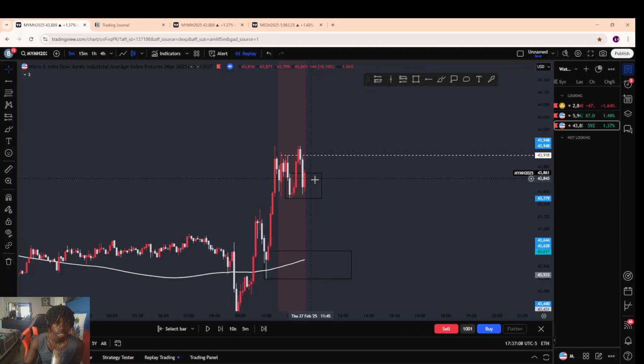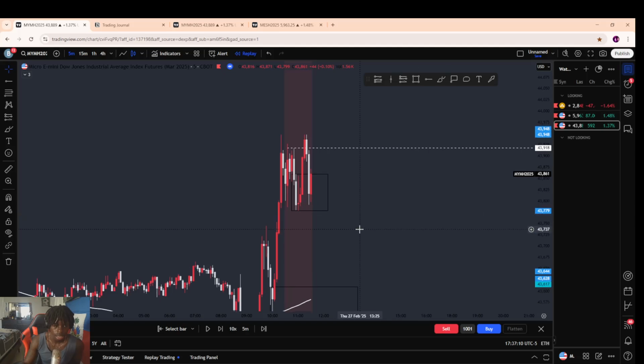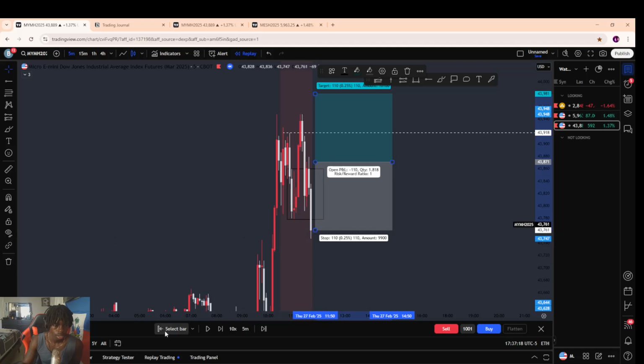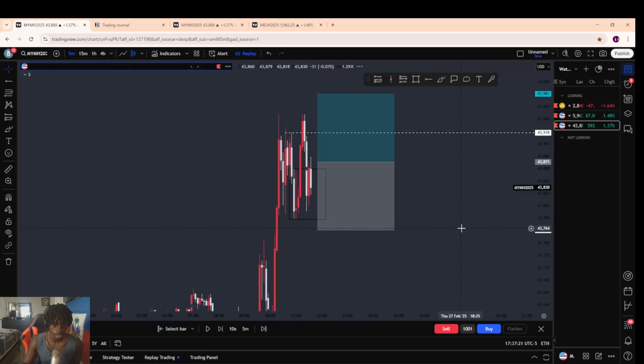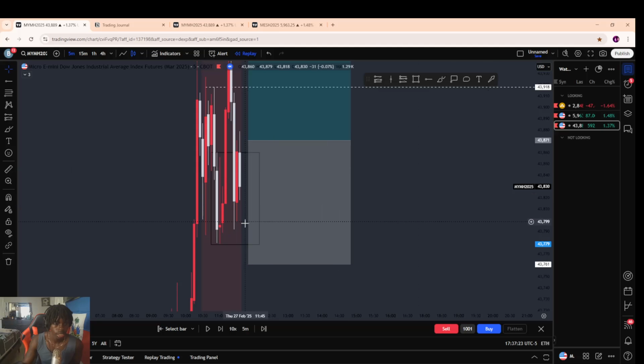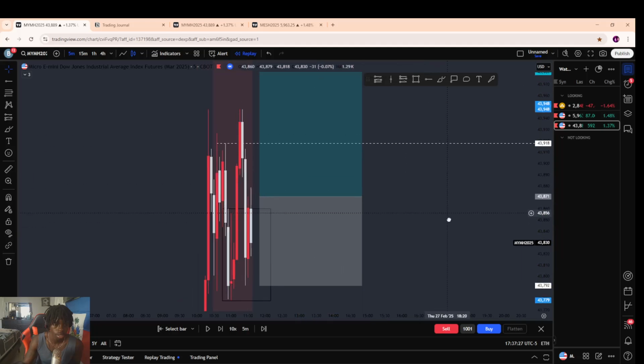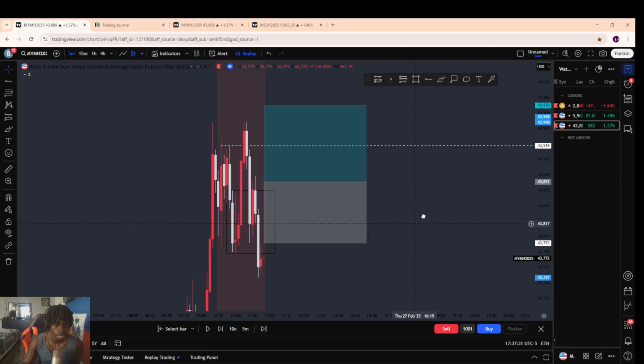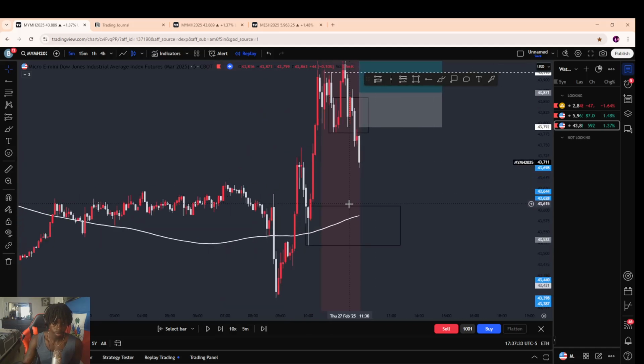But since this setup was valid in my eyes, I took it, but it ended up being an L. I got in right here, and the lowest wick that touched my zone, which is this white candle right here, is my stop loss. I went for a 1 to 2, and this ended up being an L. But this setup won.